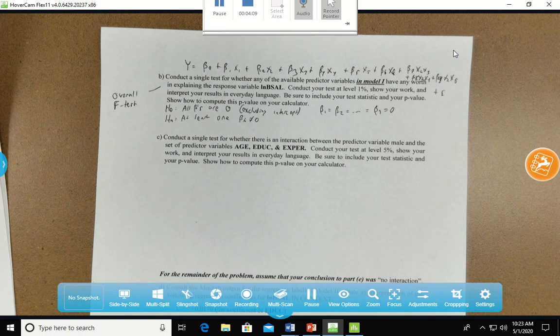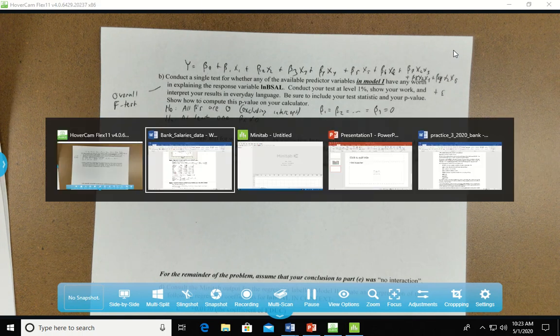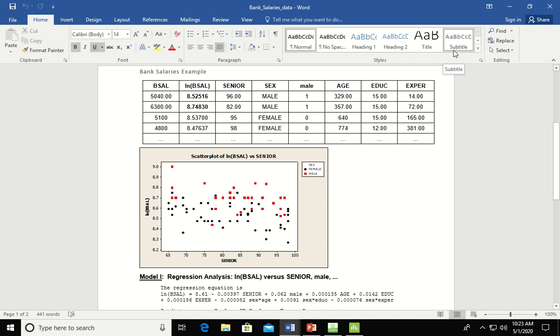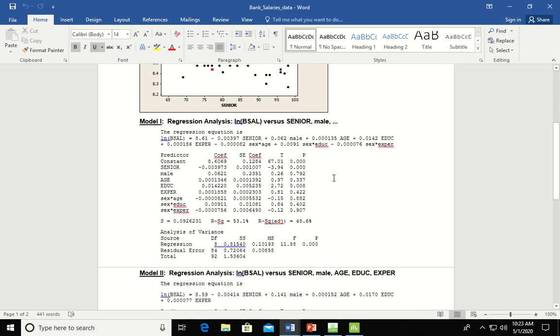All right, so let's go ahead and take a look at Model 1 in terms of our Minitab output. Well, okay, so I've got that. Overall F test, I need to look at the F statistic. So there I go, 11.88. And so my overall F is equal to 11.88.